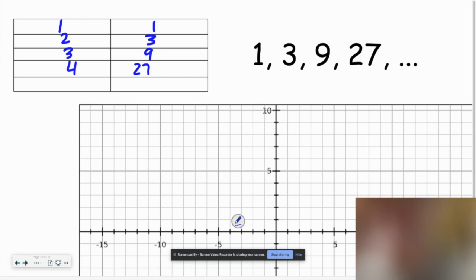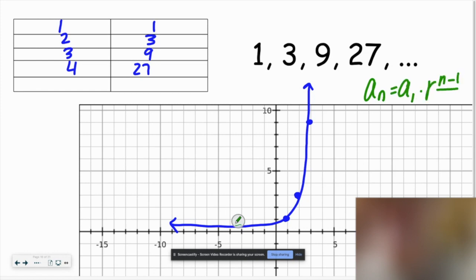So if I graph that, and so on, if you notice, it's exponential. And just as you can see, if you were to look at the actual formula itself, we're dealing with that exponent right there.